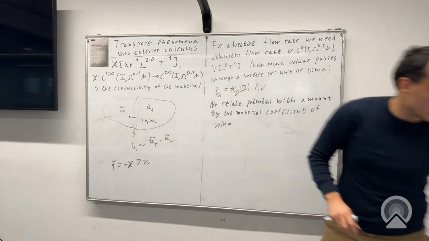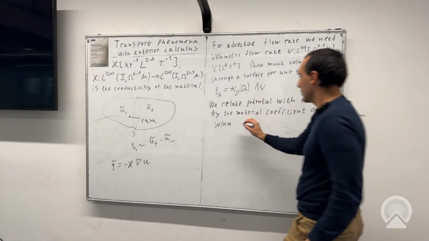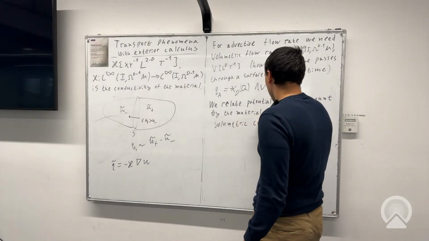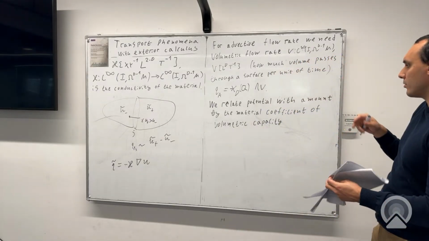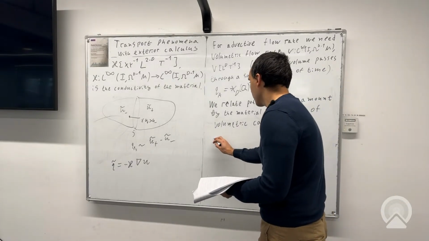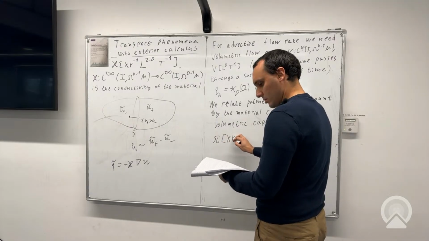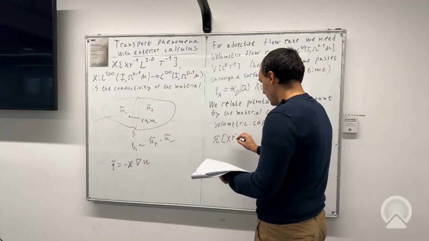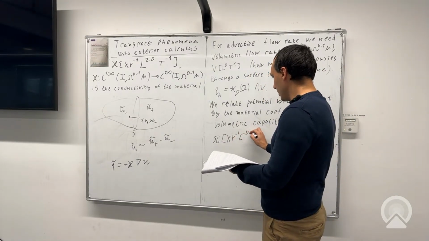I think that is how I call it. Volumetric capacity. So this is like C rho for energy. I call it pi x. So it's a dimension X to the minus 1, L to the minus D.